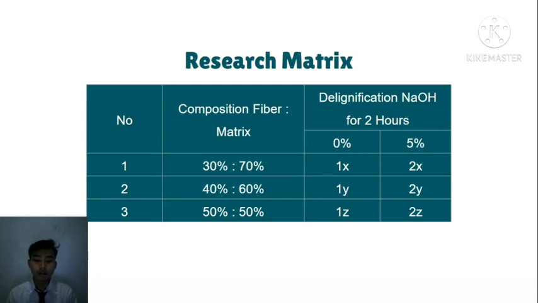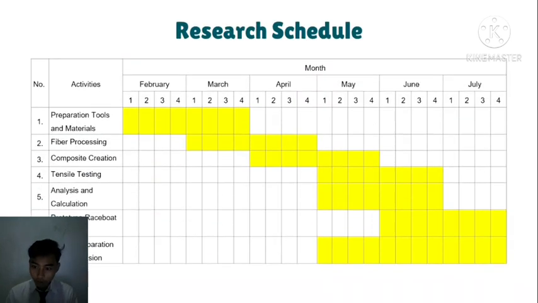Then research schedule. Preparation of tool and material is carried out in February to March, and fiber processing is carried out in April to May. Composite making is carried out in April to May.